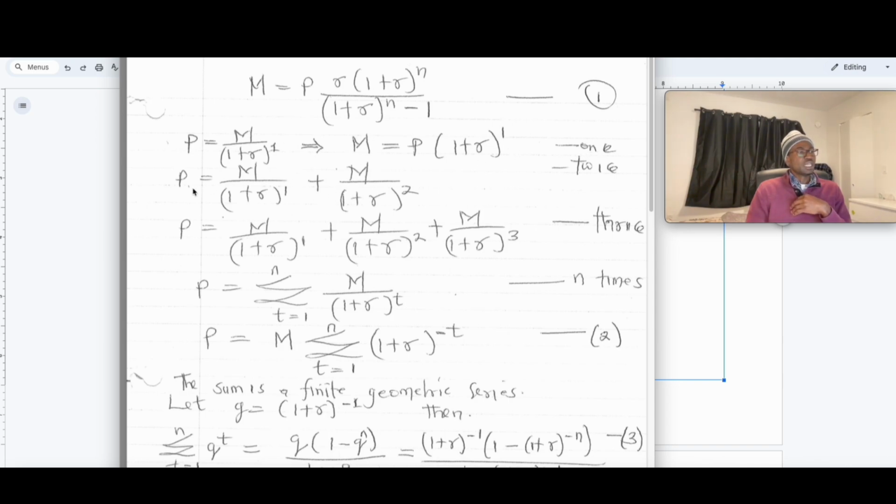But now, if you want to pay twice, this is the first payment. The future value of this principal is M, the first term here, and then the second term here is M divided by (1 plus R) raised to power 2. So this means if you want to pay twice, you pay at the first month plus at the second month.